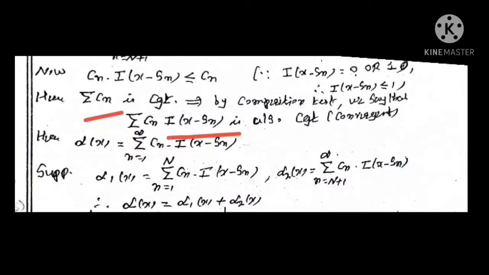Here alpha(x) is equal to sigma n is equal to 1 to infinity Cn into I(x minus Sn).